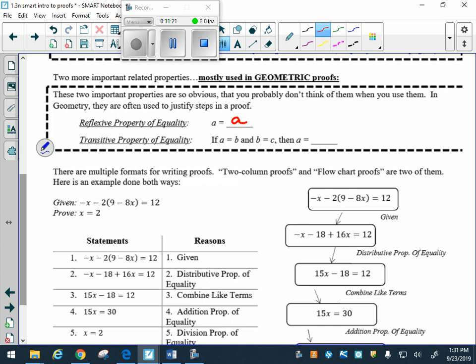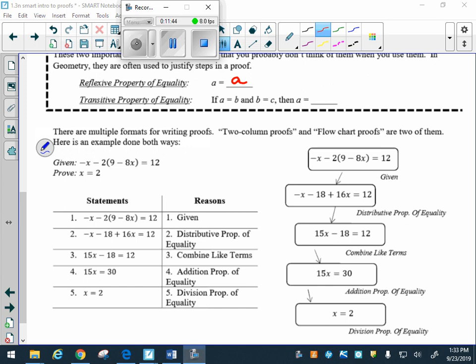Everybody knows 2 equals 2, 3 equals 3, A equals A, right? But I promise you in geometry there will be a time when we're going to use this with actual diagrams, and it's going to be a useful property, reflexive property.